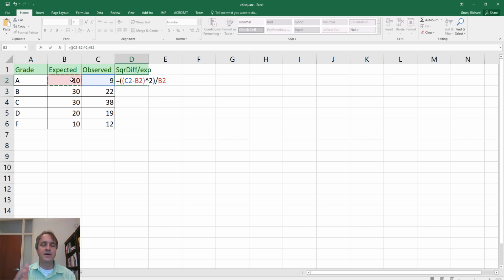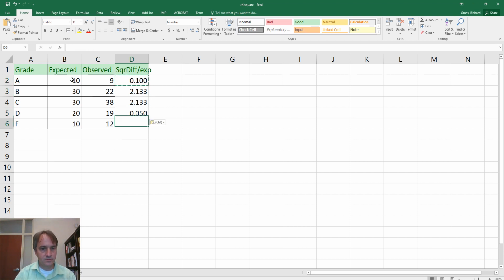Okay, so observed minus expected squared divided by expected. Now we'll do that for each of these. We see that the A's are not off by much, but the B's and C's are off by a lot.